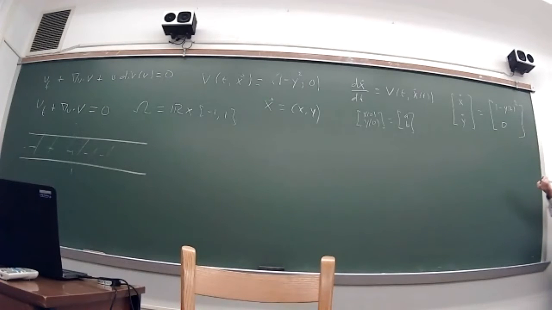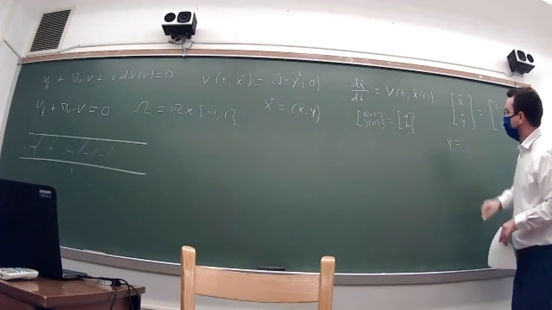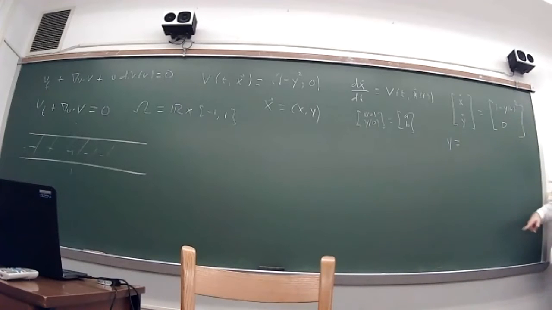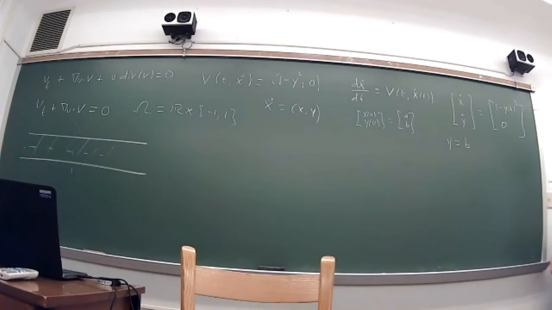In this case, it's quite simple because y prime equals 0 gives you y is equal to a constant, and therefore y is equal to b due to the initial condition.